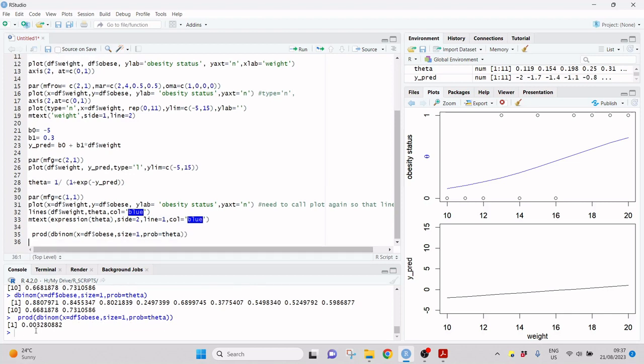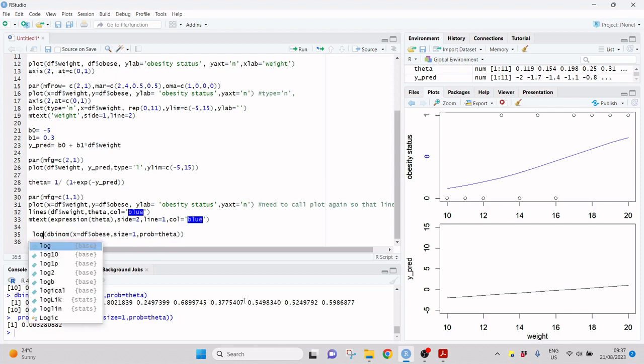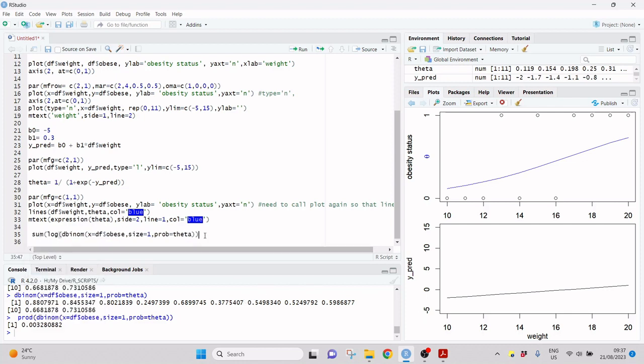So usually this is not what people do, because if you have very low values in here and you multiply low values a lot of times, then you can get very low and you can get towards numerical instabilities in your calculations. So what people prefer to do here is to log transform this and then to take the sum of the logs, because if you're in the log space, you can sum rather than taking a product.